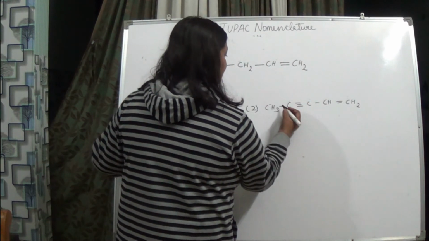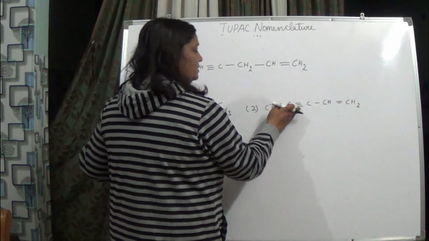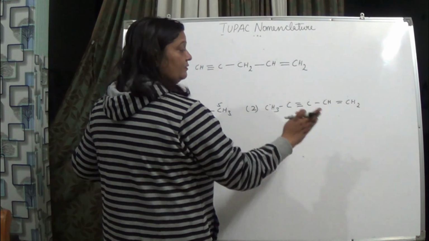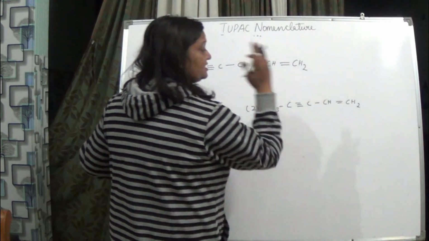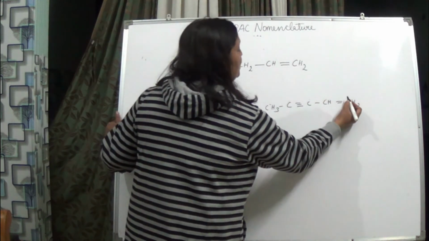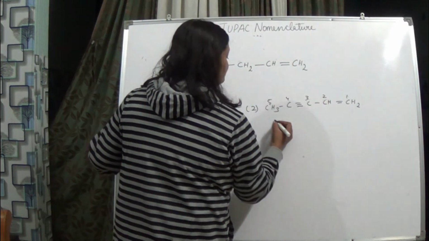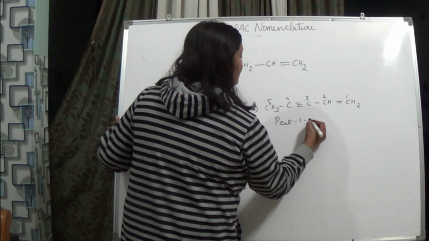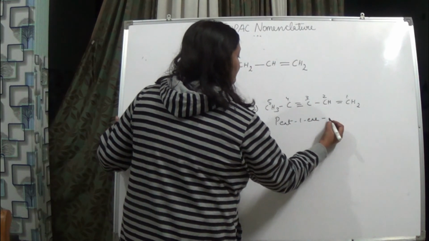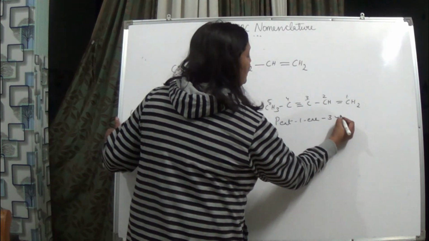Here the double bond is in the first position and the triple bond is in the third position. So we will not take this first; we will take this one first, which is nearer. So 1, 2, 3, 4, 5. It becomes pent 1 ene, and here it is in the third position, 3 yne.